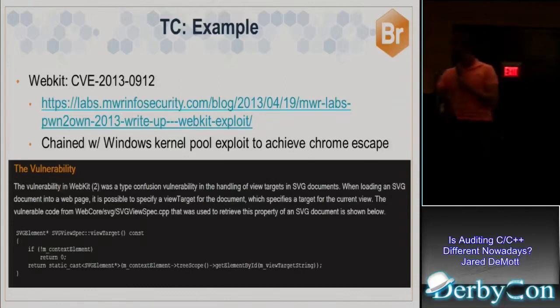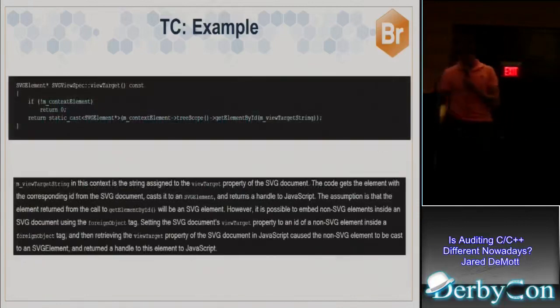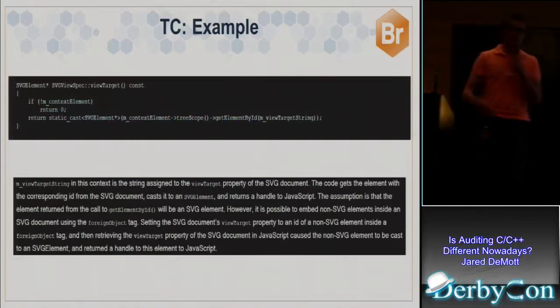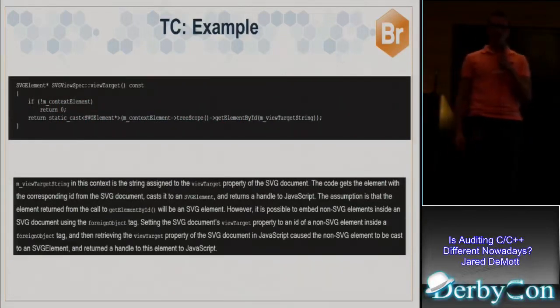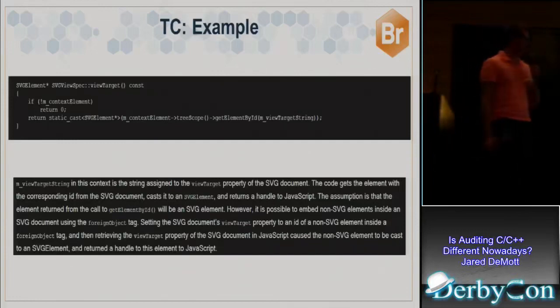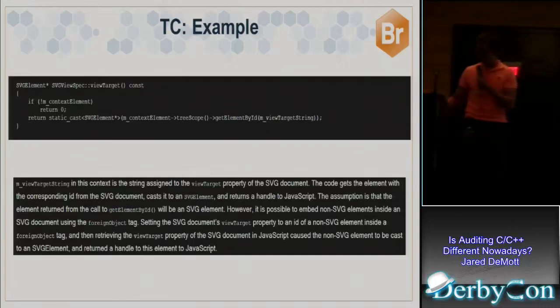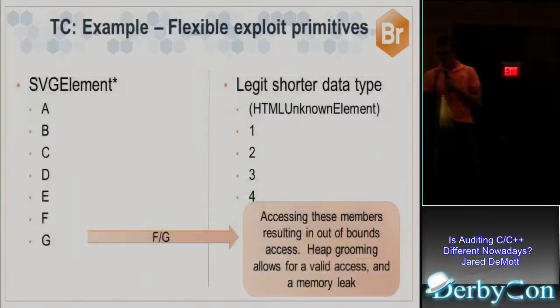Okay, but it turns out that in some cases you can supply a string with a certain tag that'll cause that element that's returned not to actually be an SVG element, so that when they cast it and use it as an SVG element, they think they're using an object of one type, but it's actually an object of a different type. And the important thing is, it's a type that's shorter.